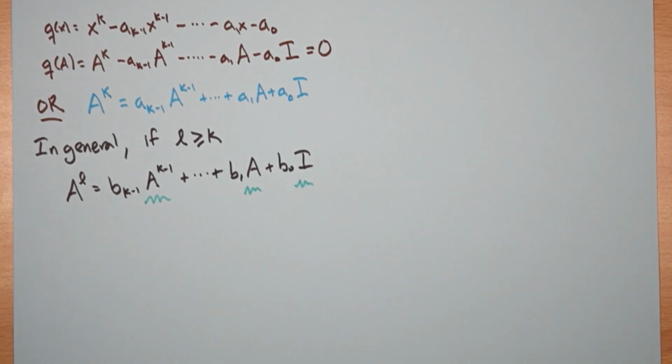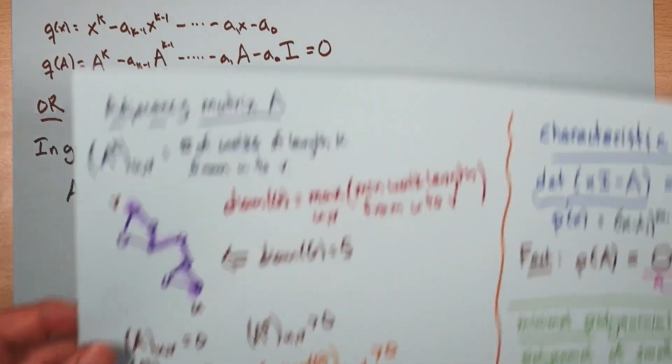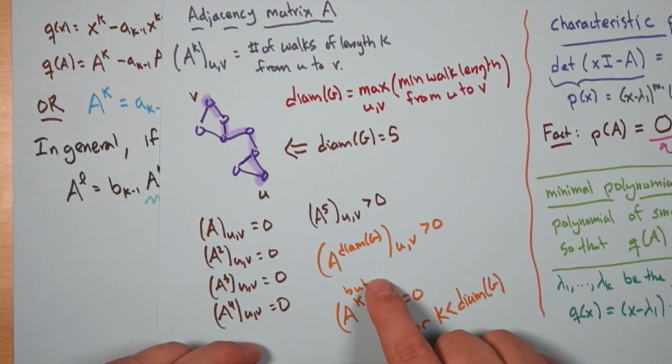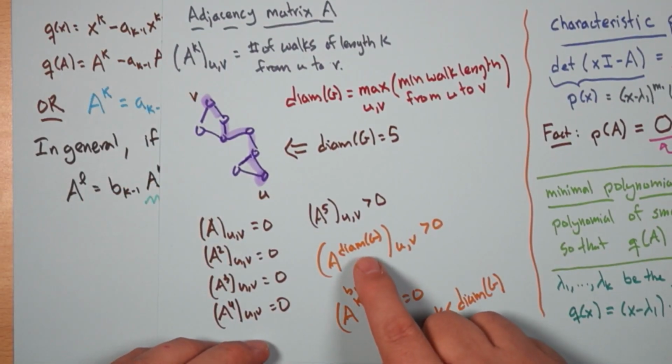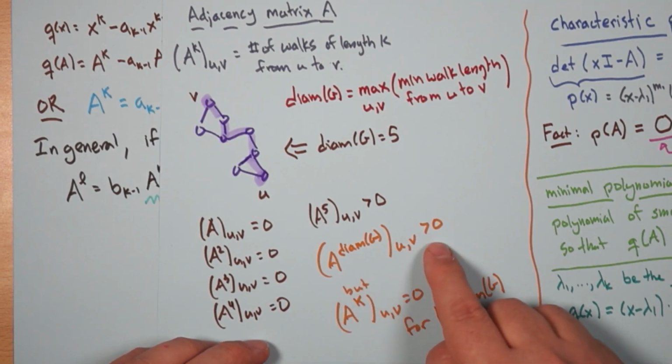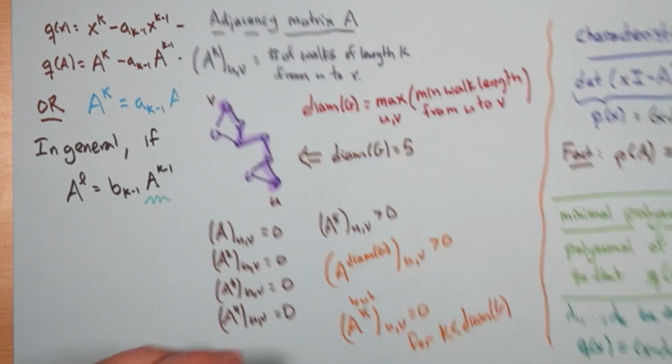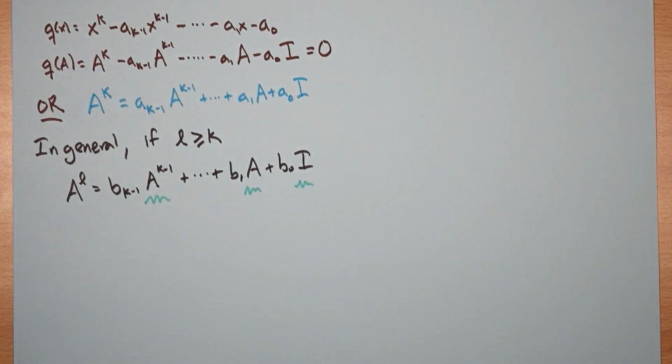Now, relating this back to what we were talking about. So remember, if we come back here, we have this on-off switch where a to the diameter of G has to be positive, but a to anything less than the diameter is 0. All right. So, what's our great aha?